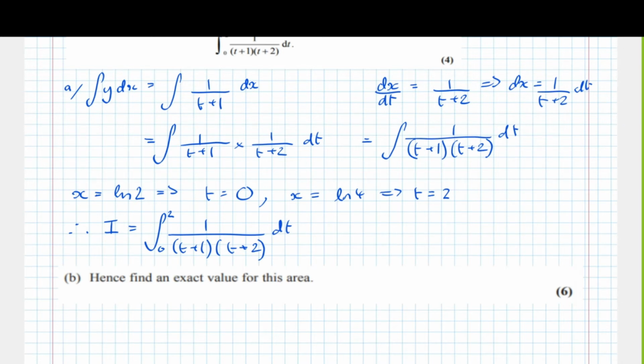Any ideas? Correct, yes. Split the fraction. So the technical name for that is partial fractions. Yep, so we can split this up into partial fractions, which will then allow us to integrate.